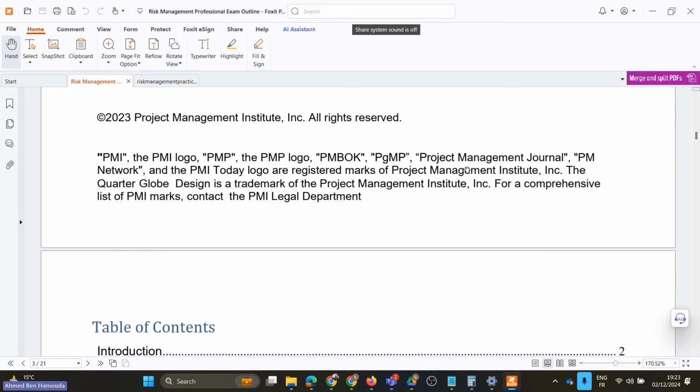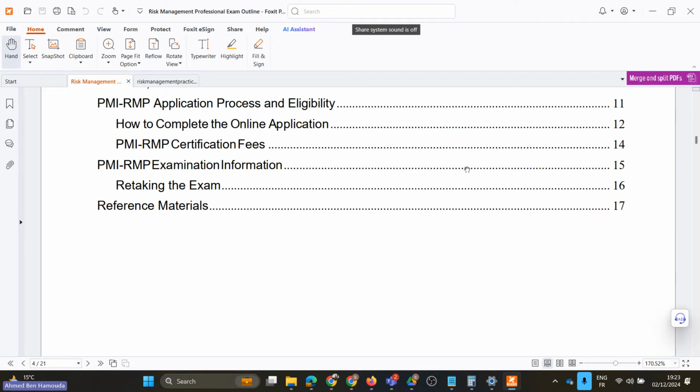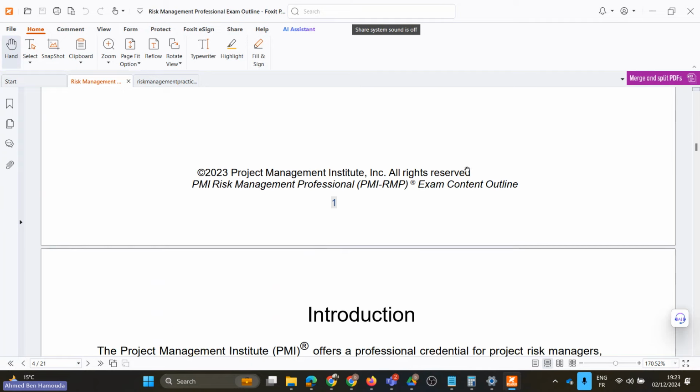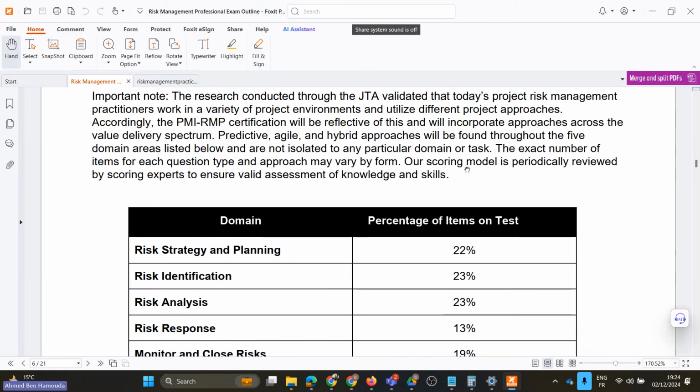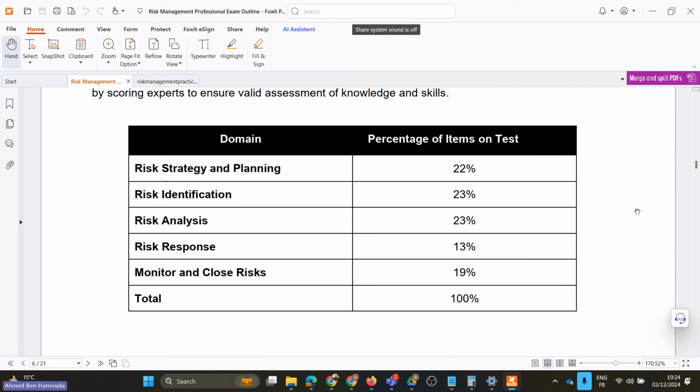Okay, now let's move on. Before we go to the content of the ECO, let me first show you the content of the RMP exam, and then we will go down in this document to show you the prerequisites so we can understand them really well, and then we go back and see the content of the ECO.